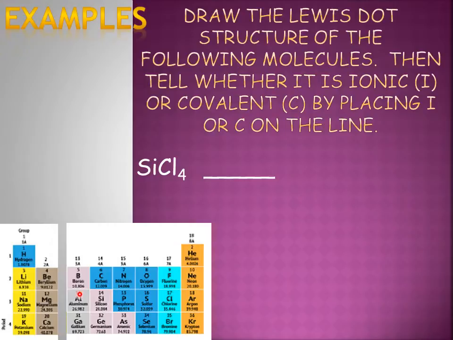Silicon is right here, and chlorine is right here. We have to figure out, are they non-metals or metals? Here's my dividing line, if you remember, right here. So they're both non-metals. So this one is covalent.